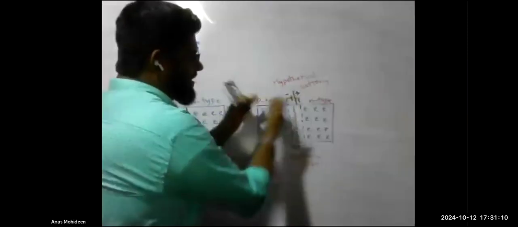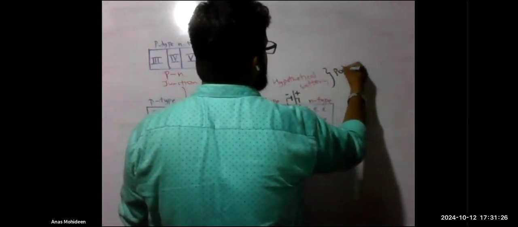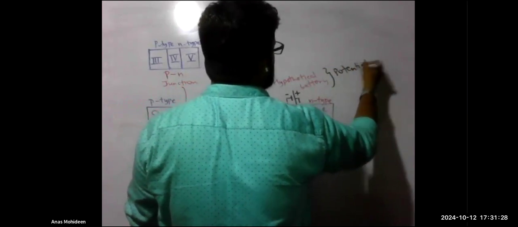So this potential difference, the difference between this plus minus in the wrong sides, we name this as a hypothetical battery, and this gives rise to a potential barrier because the potential difference is in the wrong way. So this is called a potential barrier.